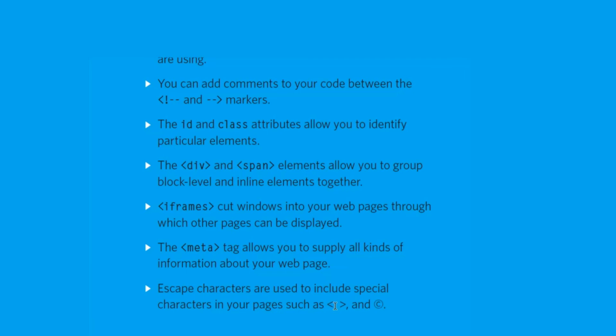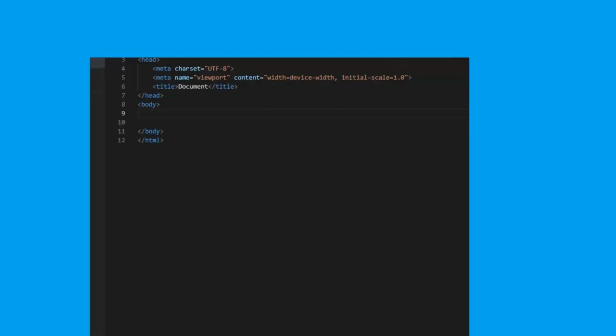To include a copyright sign, you use what we call a special name, which is something like &copy;, right? If you use this, the copyright sign will appear, which is this one, right?